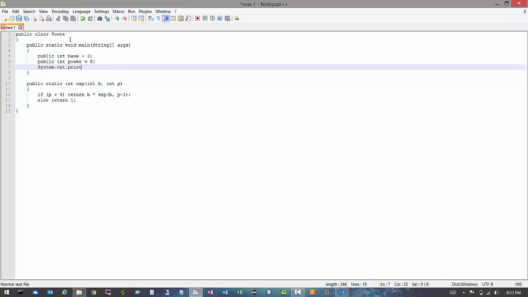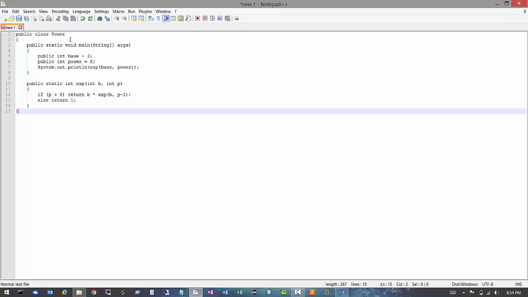We'll do a System.out.println of exp(base, power). So we're going to take base to the power.